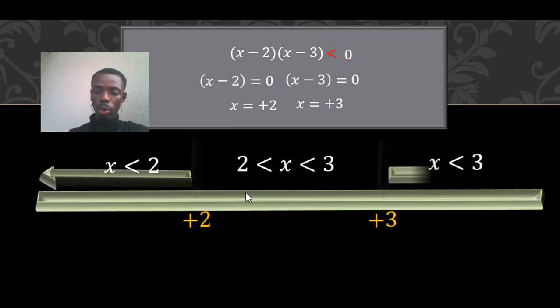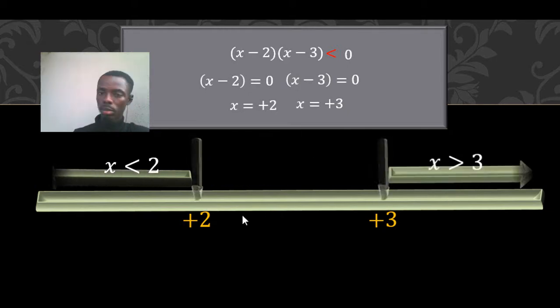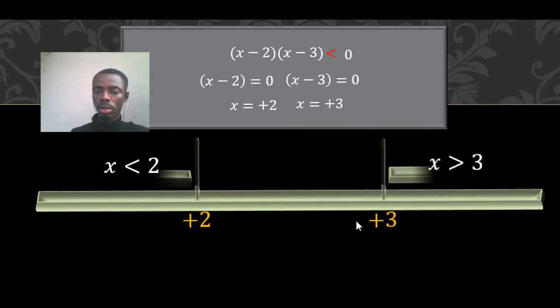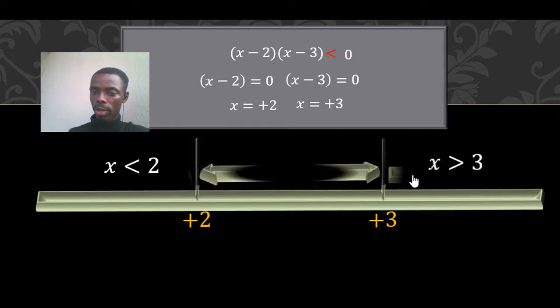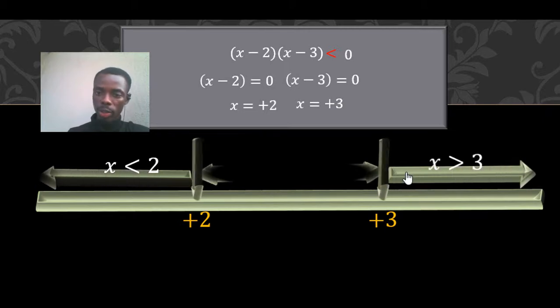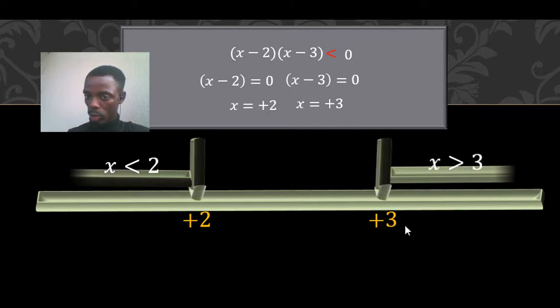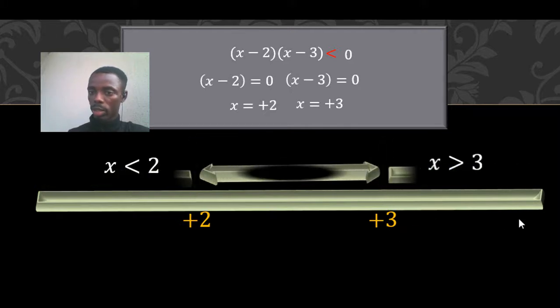The values here are values of x that are greater than 3. Trying to explain what I did now, every value of x here is greater than 3. So immediately after here, you'll be counting 4, 5, 6, 7, 8, 9, and so on. So they are greater than 3.